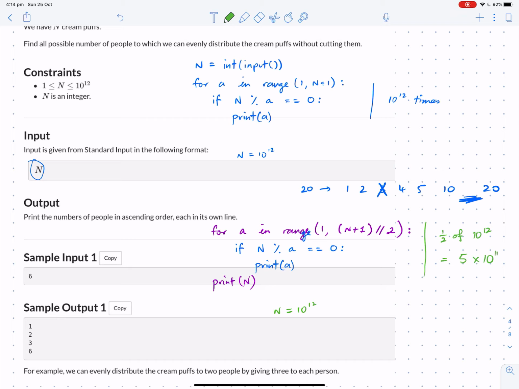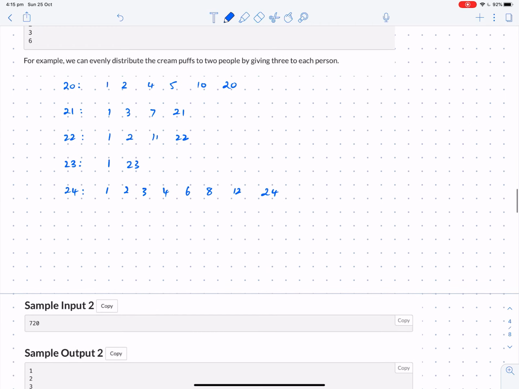So let's consider 20 again. So we got 1, 2, 4, 5, 10, and 20. 21: 1, 3, 7, 21. 22 is 1, 2, 11, 22. 23 is 1 and 23. 24: 1, 2, 3, 4, 6, 8, 12, 24.